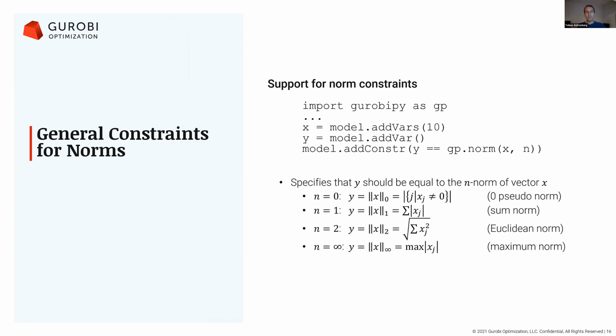And here you can already see some kind of numerical trouble arising, because what should y be if there is an xj variable that is equal to 10 to the minus 6, for example? Should that be counted as a 1, or should that be counted as a 0 for the counting of the number of non-zeros?